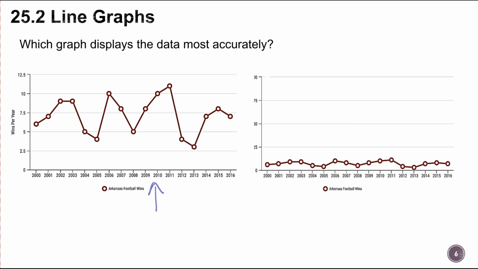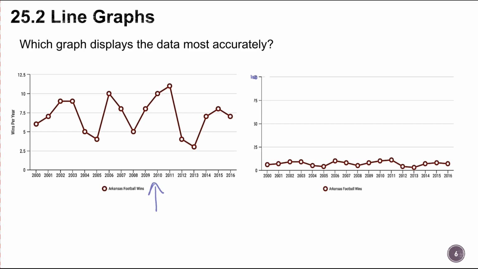Notice it starts with 0 and then it's in increments of 2.5. It's important that the increments are even. So 0, 2.5, 5, 7.5, and so on. But the one on the right starts at 0 and jumps to 25, 50, 75, and then 100. The top was 100. I didn't write that very well, but 100, and that is not accurate at all.